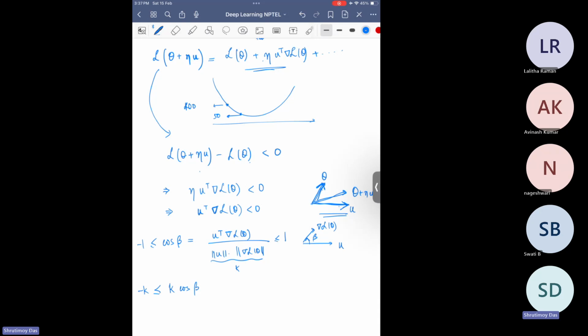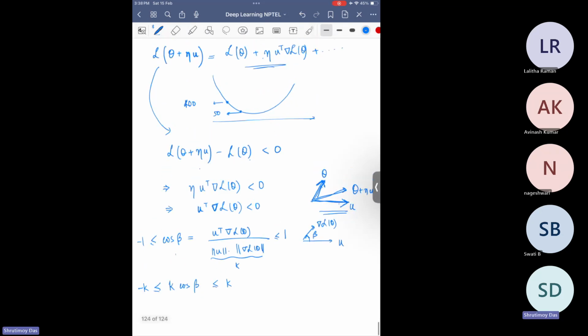If I multiply k on both sides, we want this to be between minus k and k. And now we want this to be negative. So when is it most negative? When cos beta is -1.